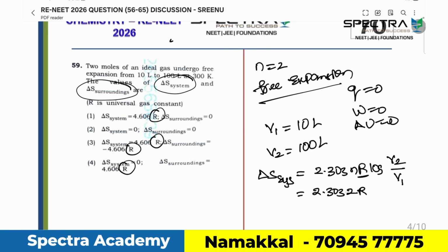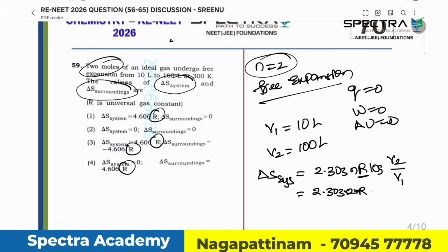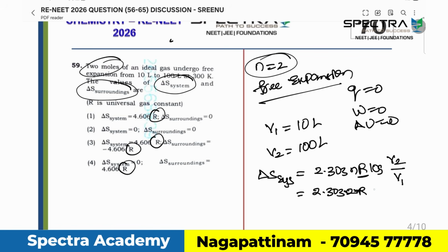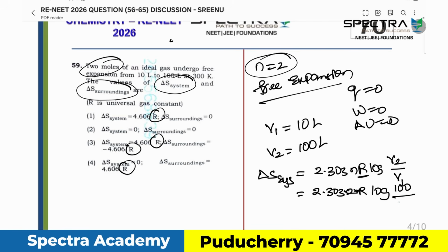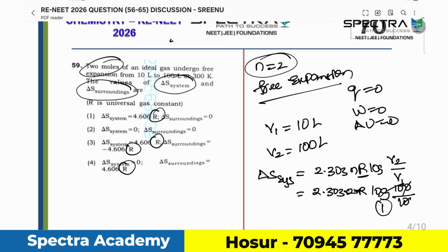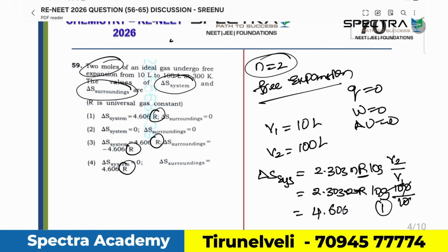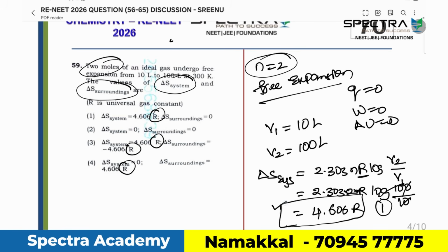So it is 2.303 into 2 into log of 100 by 10. Log 10 is 1. Multiplying 2.303 into 2 gives 4.606 R. So the change in entropy of the system will be 4.606 R.